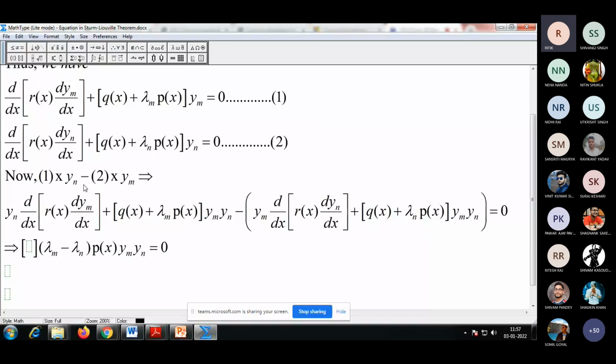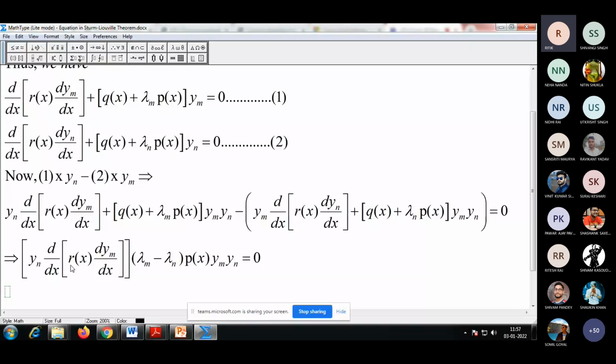I'm writing d by dx of r(x) ym d by dx of ym, and here ym d by dx of r(x) d by dx of yn. So it can be written in a single term.